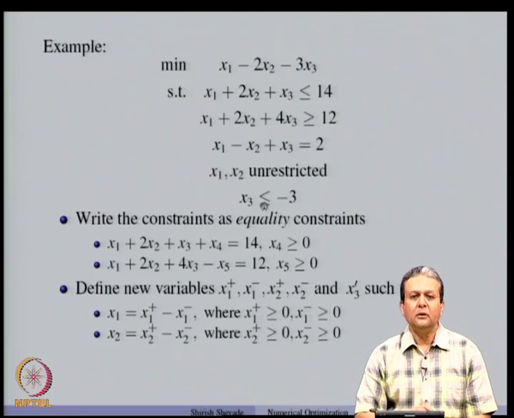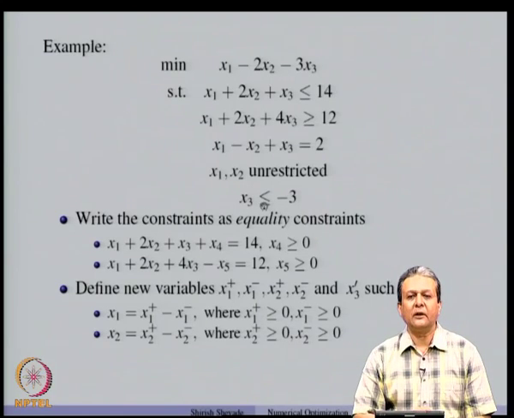Now, we have the variable x3 less than or equal to minus 3, and certainly we cannot use the variable x3 because our standard form demands that all the variables have to be non-negative. So, let us define a new variable. How do we get that variable?